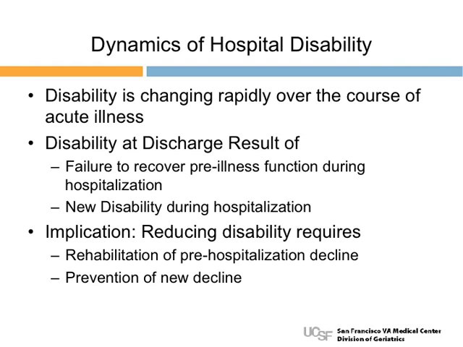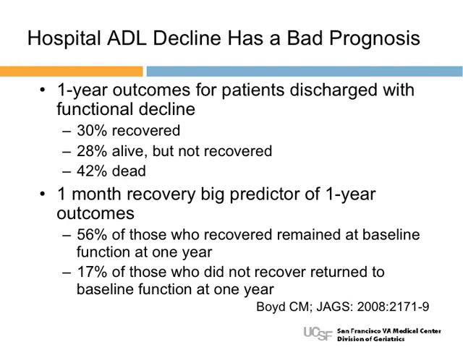I alluded to the fact that the people who have hospital-acquired disability have a really bad prognosis. This is a study Cynthia Boyd did a number of years ago that took these same patients and asked, what happens at 1 year to those who left the hospital with ADL disability?